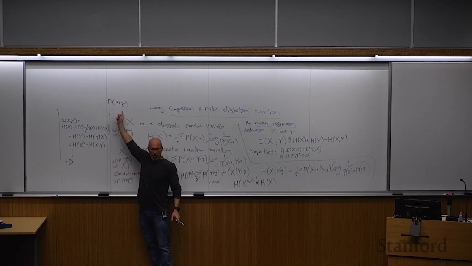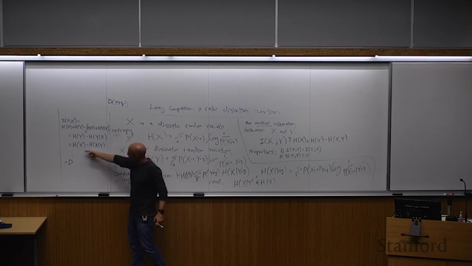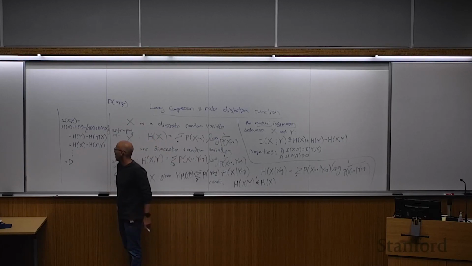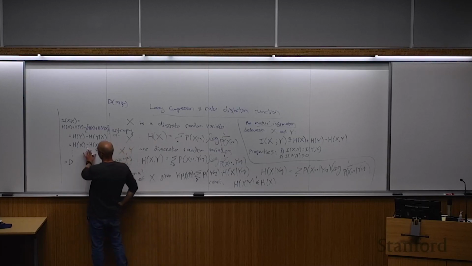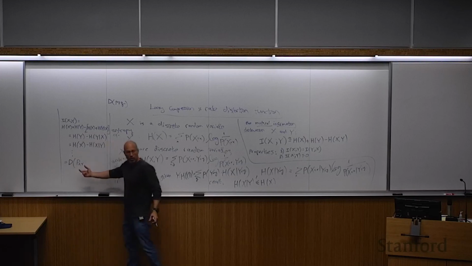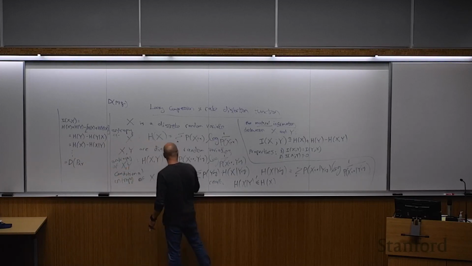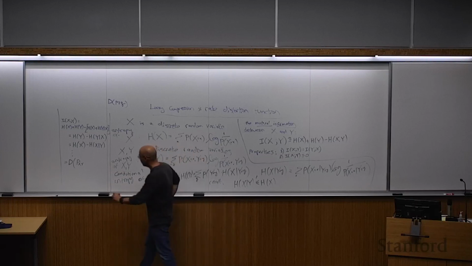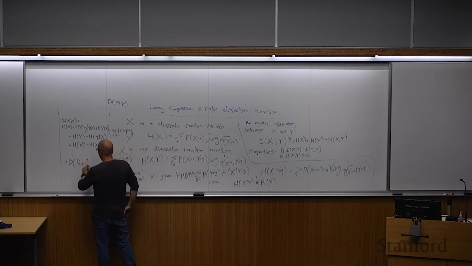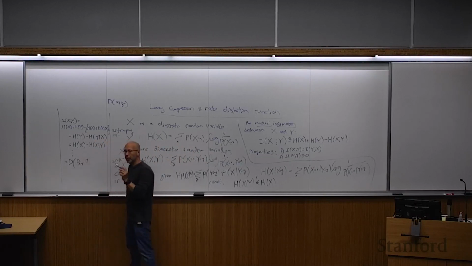Everyone remember that object? Great. So with a few additional lines of work, you can also show that this is equal to the relative entropy between the joint probability mass function that governs the pair xy, and the product probability mass function.